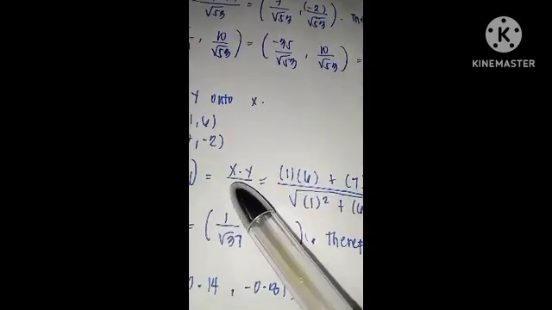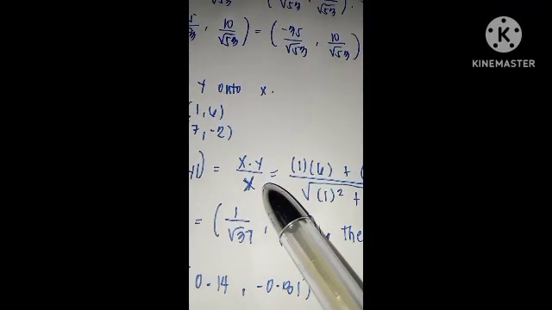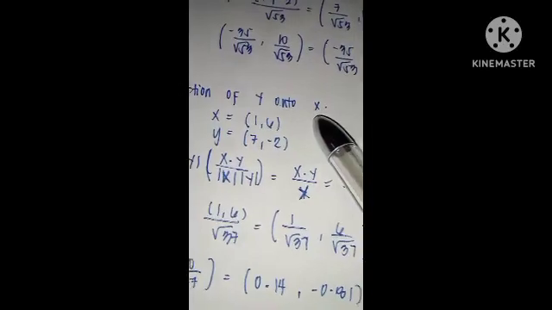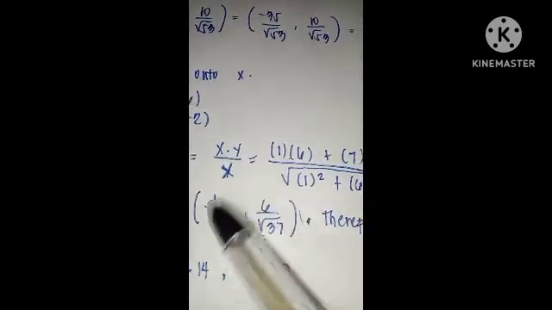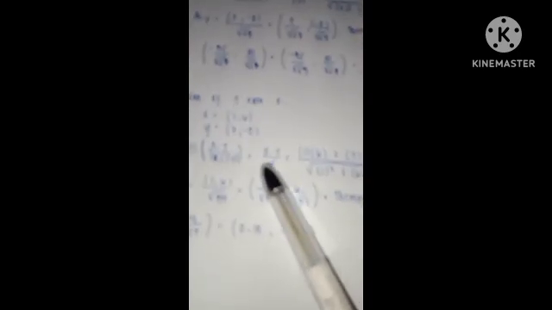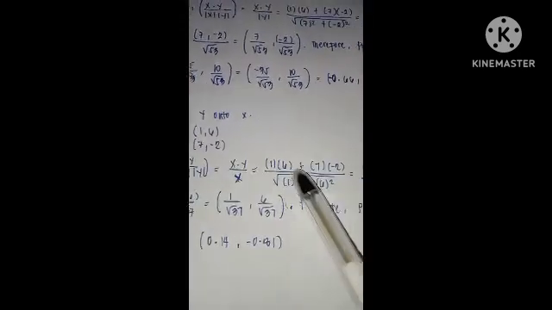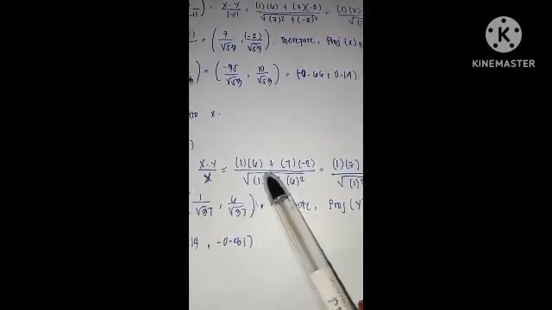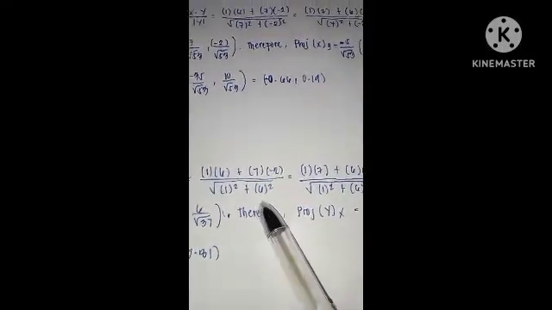Since it is onto x, we will use x here. So since the value of x is 1 and 6, the value of y is 7 and negative 2, and the value of x is 1 and 6. So square root of 1 to the power of 2 plus 6 to the power of 2.